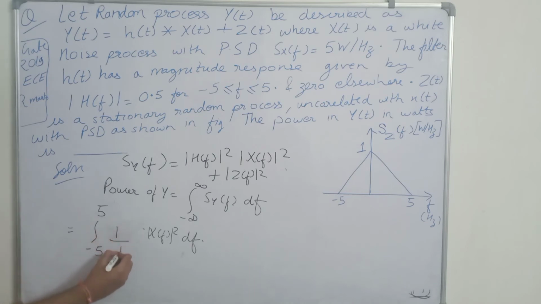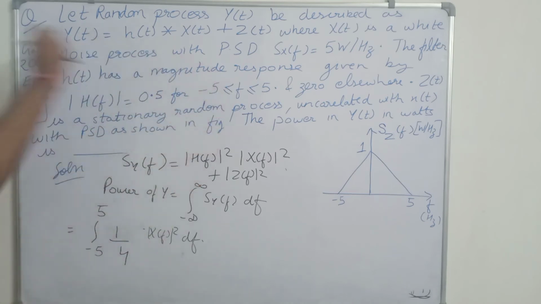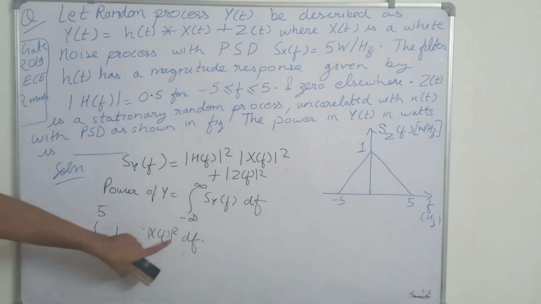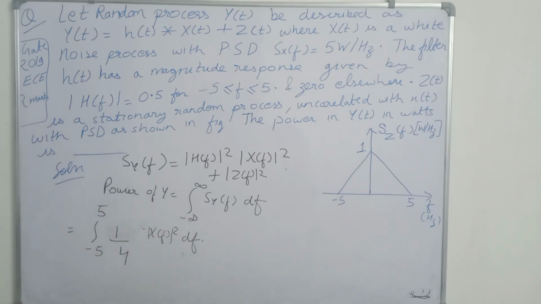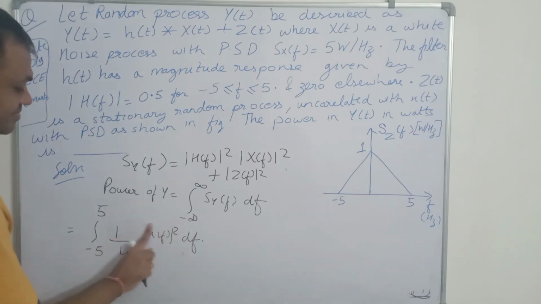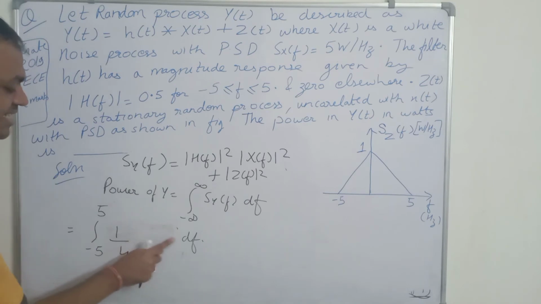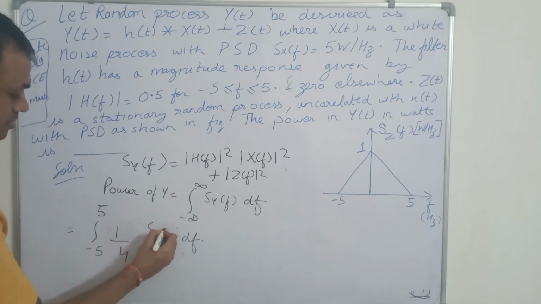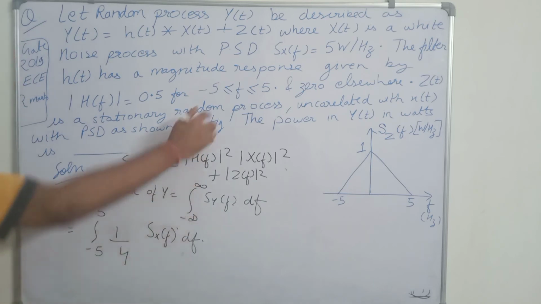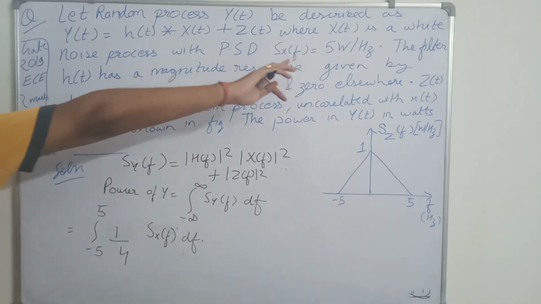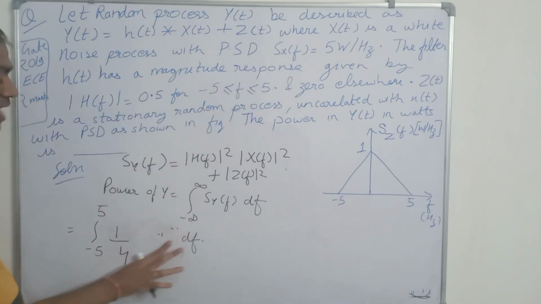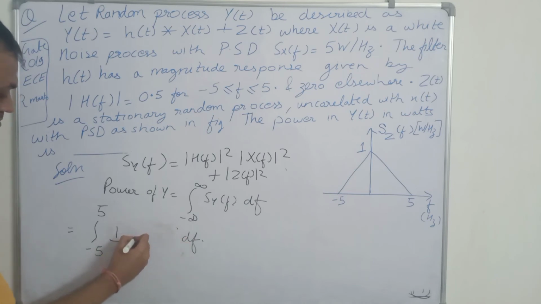And x of f whole square is nothing but the power spectral density Sx of f. Sx of f is given to us as constant 5, so this will be equal to 5 df.